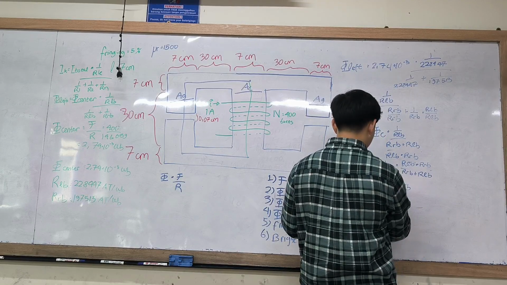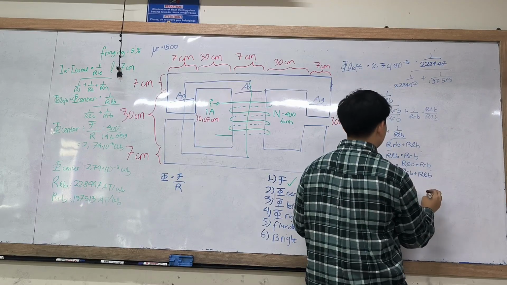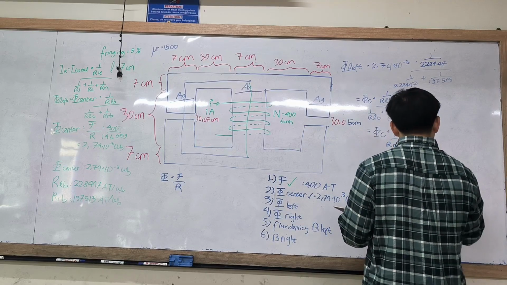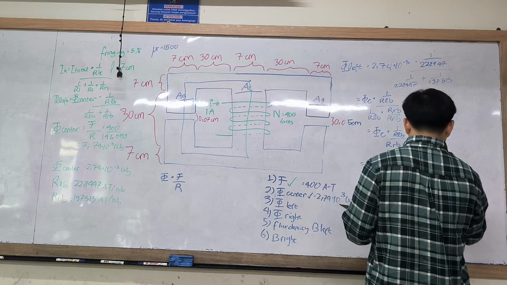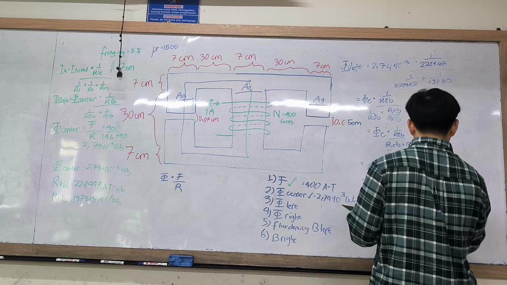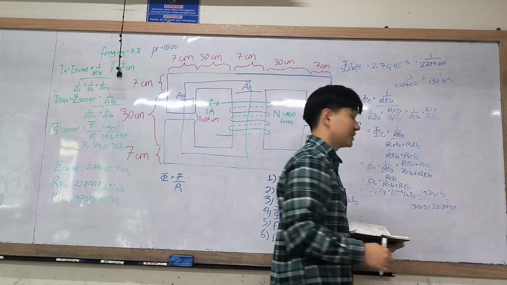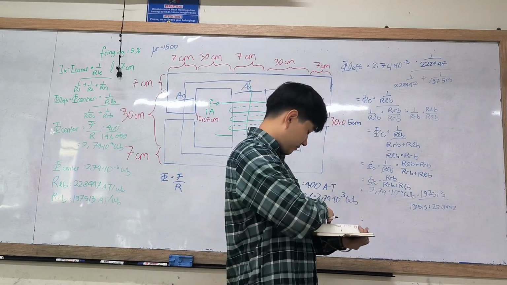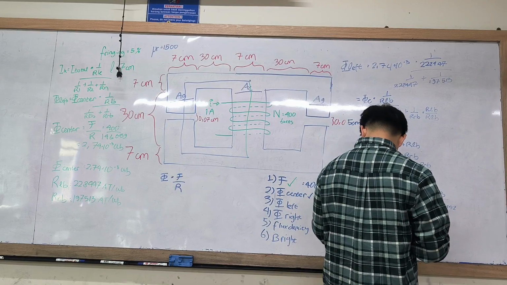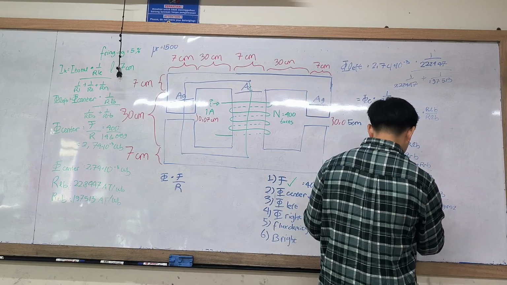Thus, it would be 2.75 times 10 to the power of -3 Webers multiplied by 197,513 divided by 197,513 plus 228,447, and the result of the left magnetic flux would be 1.27 times 10 to the power of -3 Webers.